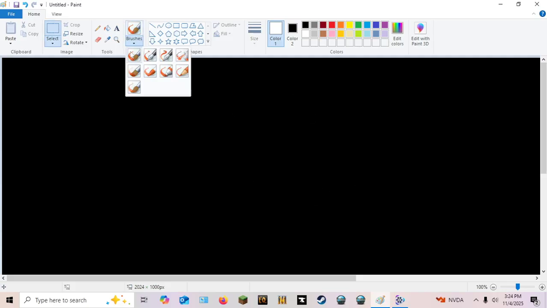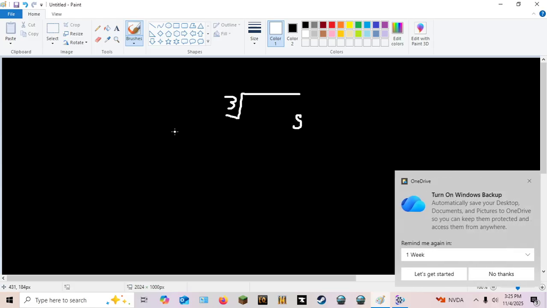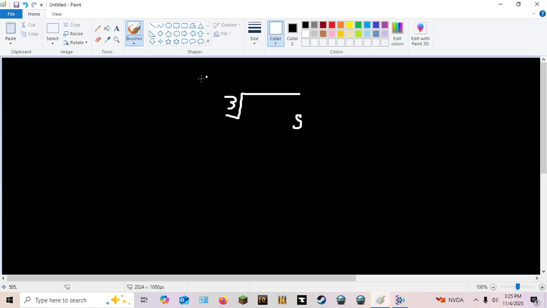Now, super cube roots. It works the same, but it's a tetration of 3. So what is the super cube root of 16? We're finding the base. What tetrated to 3 gives us 16? 2 tetrated to 3 gives us 16.